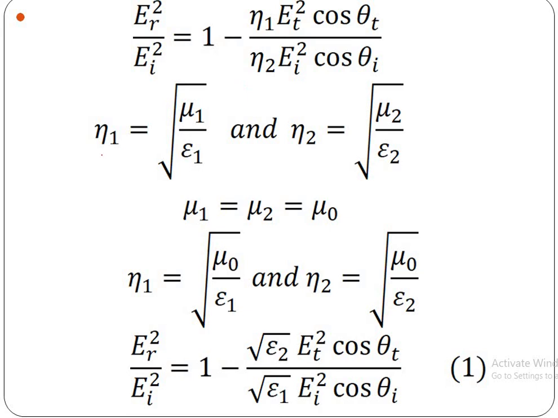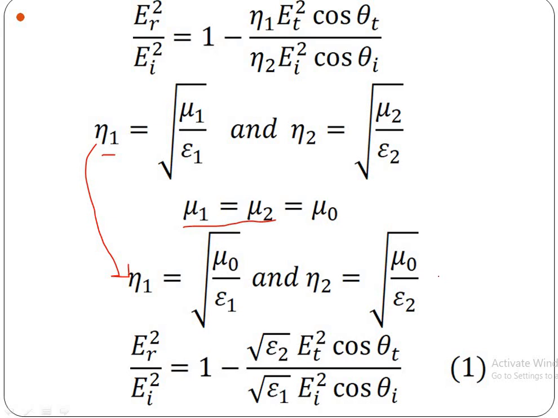Already we know the intrinsic impedance eta 1 is equal to square root of mu1 by epsilon 1 in medium 1 and eta 2 is equal to square root of mu2 by epsilon 2 in medium 2. We know that permeability does not change from that of free space, hence mu1 equals mu2 equals mu 0. Then substitute in this, then this equation becomes this one.